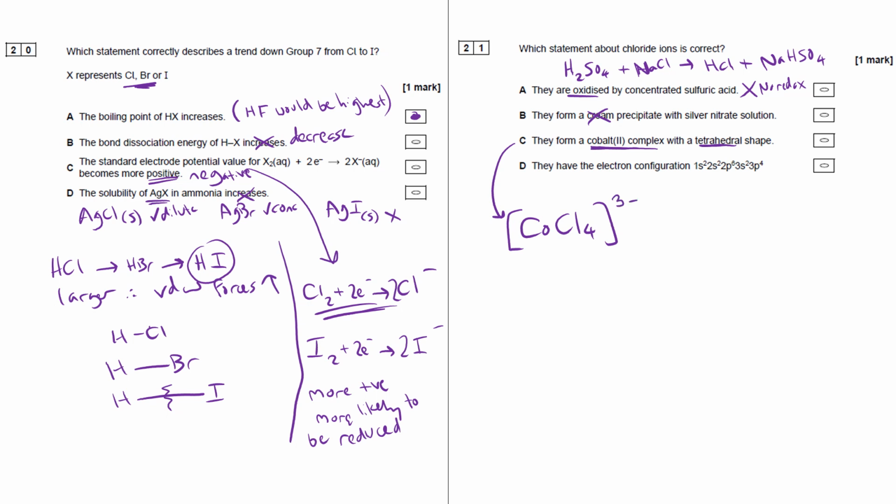Therefore, that would be 2 minus, apologies for the charge, and that would be tetrahedral. That is a correct statement. Do they have the electron configuration 3p4? No, Cl- would have 18 electrons. It would end in 3p6, not 3p4.